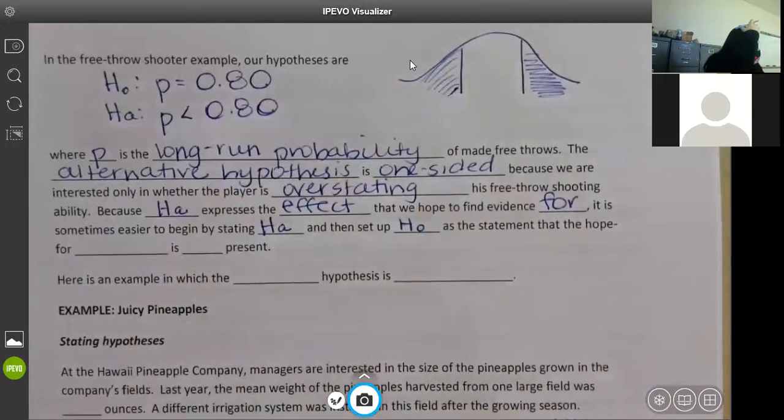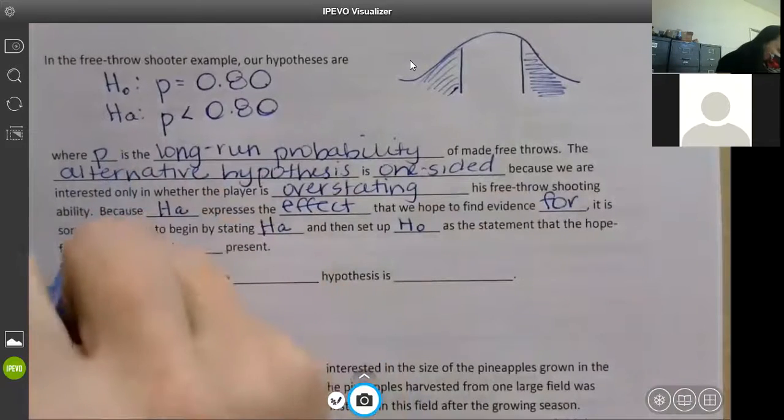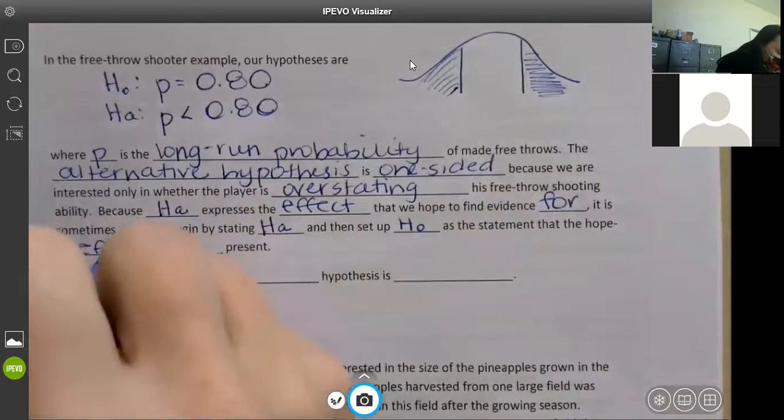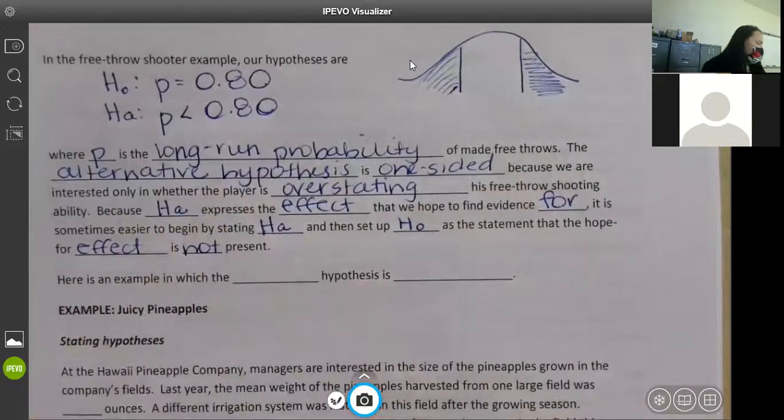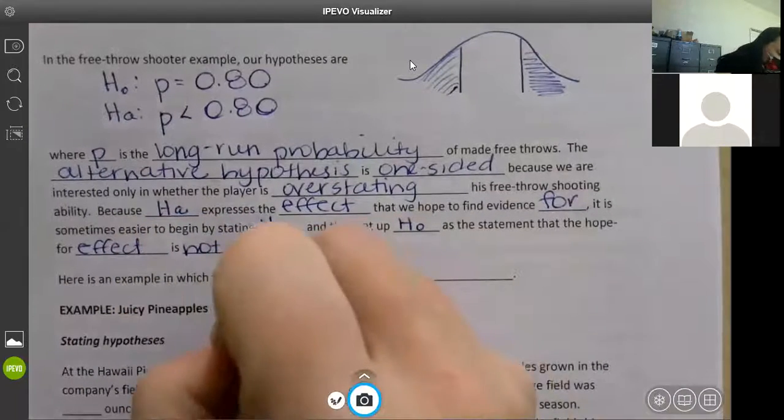It is however you want to do it. It doesn't matter. Here's an example in which the alternative hypothesis is two-sided.